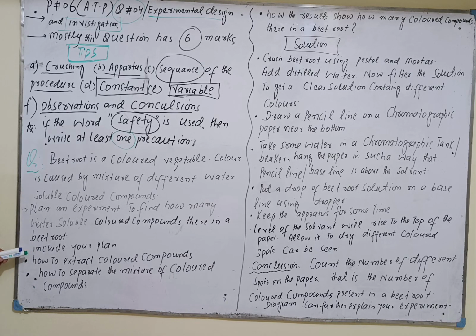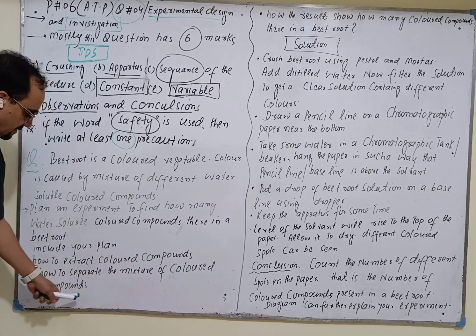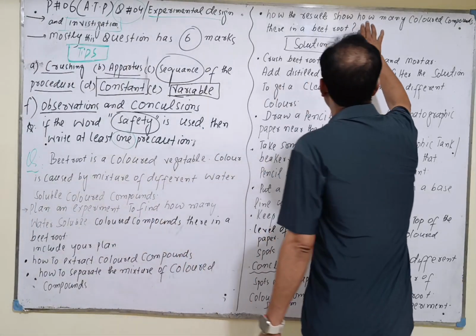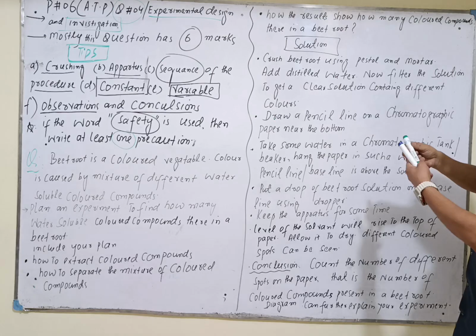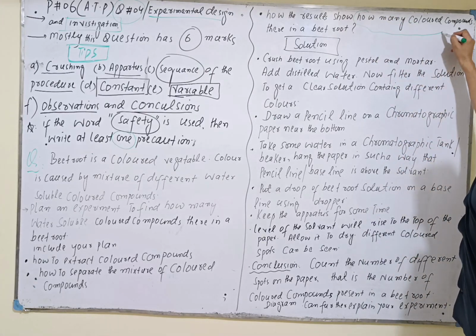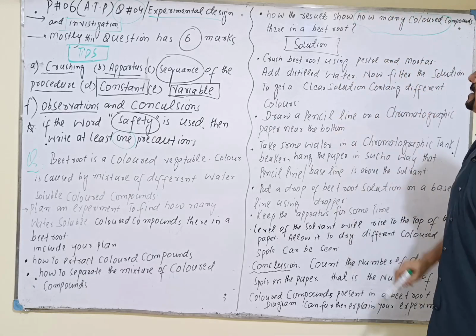Your procedure must include how you will extract the colored compounds, how to separate the mixture of colored compounds, and then how the result shows how many colored compounds are there in a beetroot.